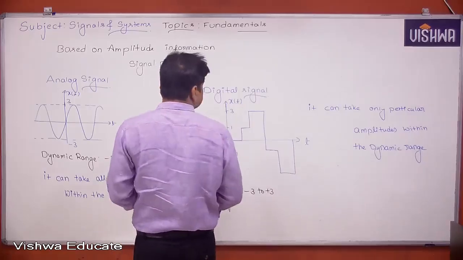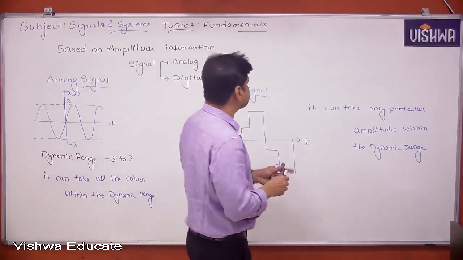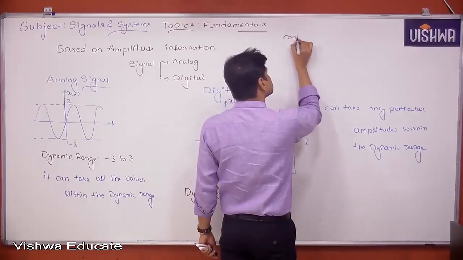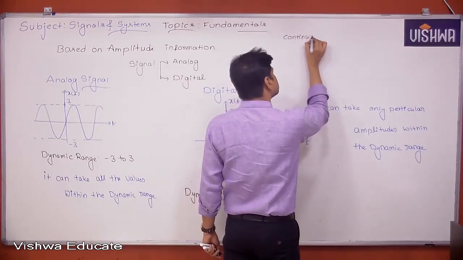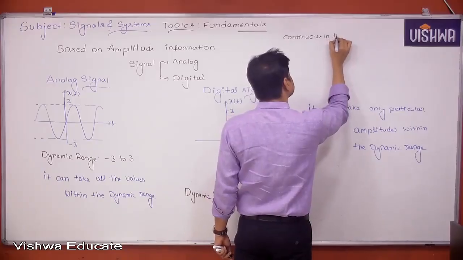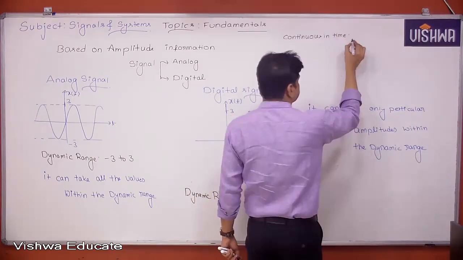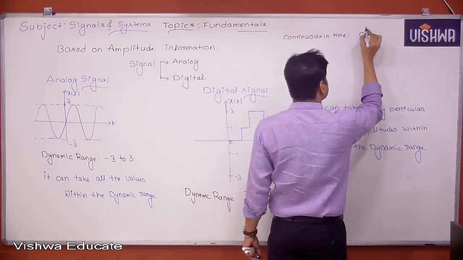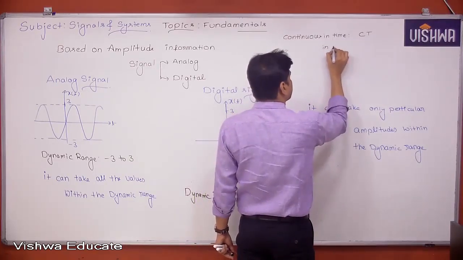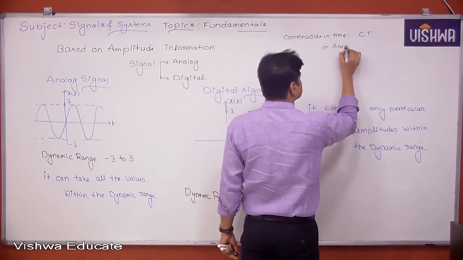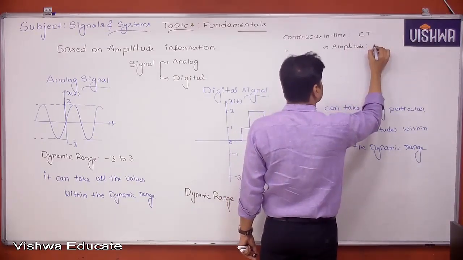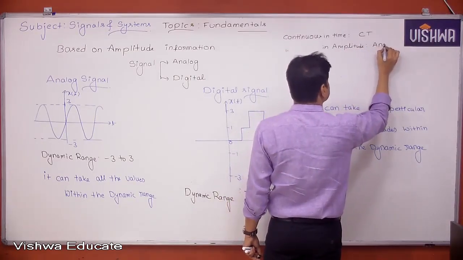So in general, if I write like this: continuous in time is a continuous time signal. Continuous in amplitude, then we can call it an analog signal.